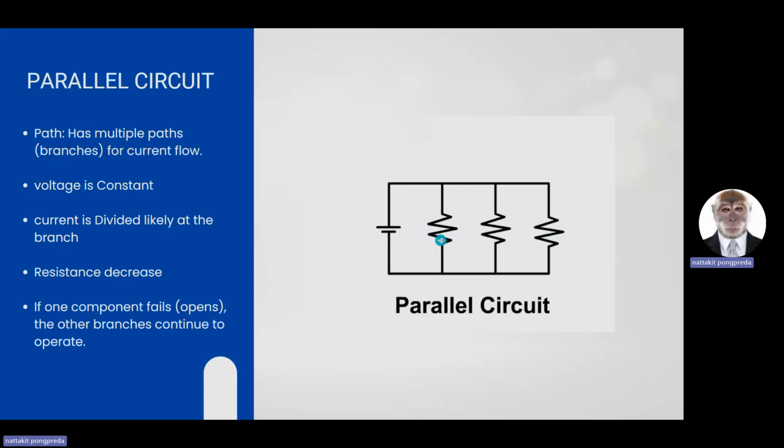So the current in a parallel circuit is not constant compared to the series circuit, but the voltage remains constant. At each junction, the voltage does not decrease or increase, it just remains constant. And if one component fails in the circuit, for example this resistor, the rest of the circuit could still work because the loop is completed.